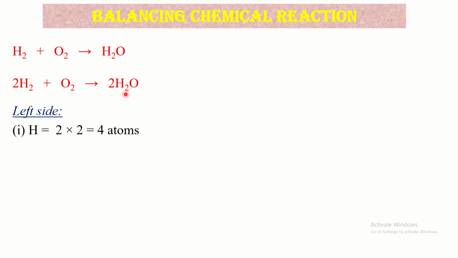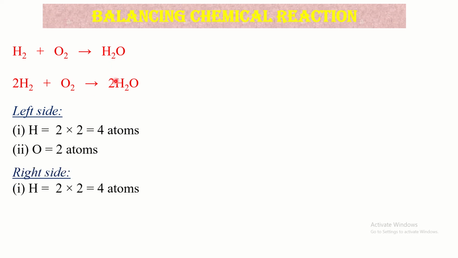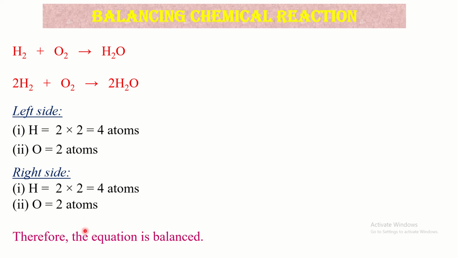Left side, hydrogen 2 into 2, 4 atoms, oxygen 2 atoms, and in the right side, hydrogen 2 into 2, 4 atoms and oxygen 2 into 1, 2 atoms. So hydrogen and oxygen both are balanced. Left side equals right side. Therefore the equation is balanced. In this way you can verify whether the reaction is balanced or not.